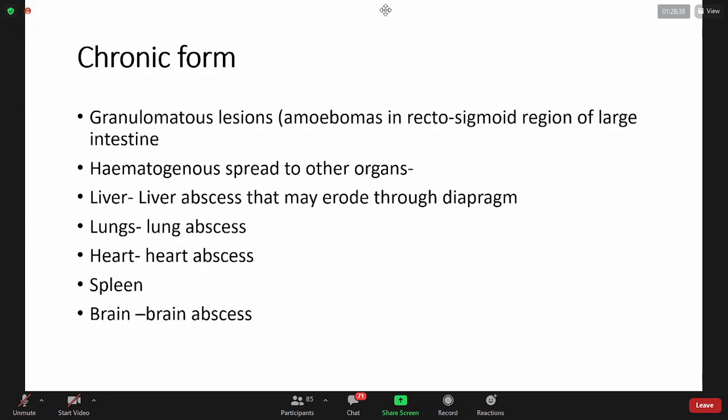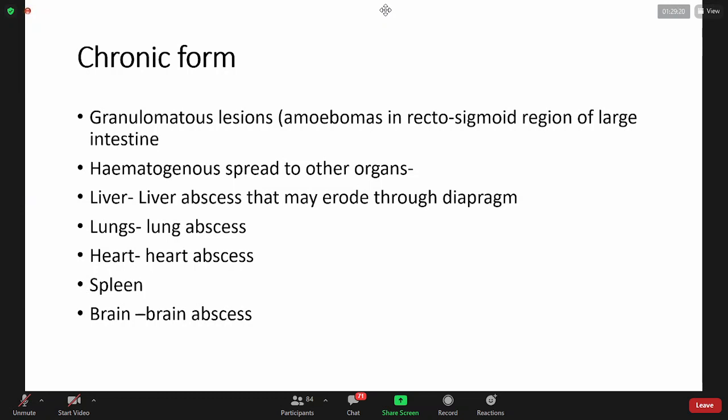Then we also have the chronic form. This is in the form of a granulomatous lesion. There is a lot of inflammation, inflammatory cells, and fibroblasts, which develop into a granuloma, and when it is caused by amoeba, it is known as amoeboma, in the rectosigmoid region of the large intestine.